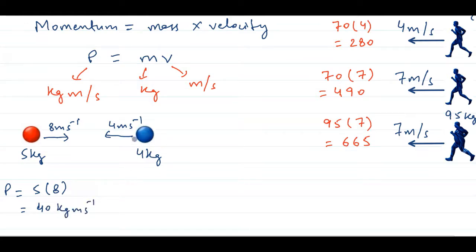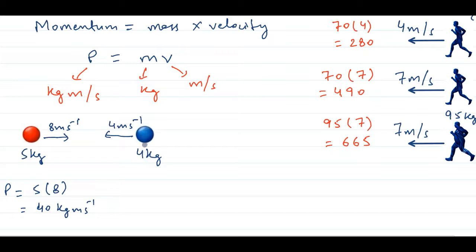But now for the second ball, it's actually moving in the opposite direction. So if you notice here, we have velocity in the formula for momentum. Now remember, velocity is a vector quantity. Since momentum is using velocity in its formula, momentum is also going to be a vector quantity. So in this case, if we were to consider this 8 meters per second towards right as positive, we'll have to say this other ball's speed, that is 4 meters per second, has to be negative.